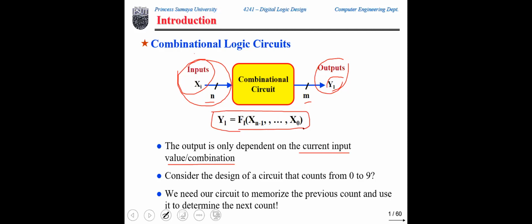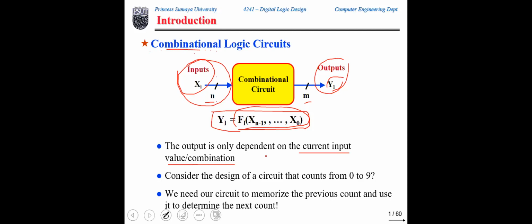In combinational logic, any of the outputs is expressed as a function of the input combination. That's why these circuits are called combinational logic circuits: they rely only on the input combination to compute the output value.